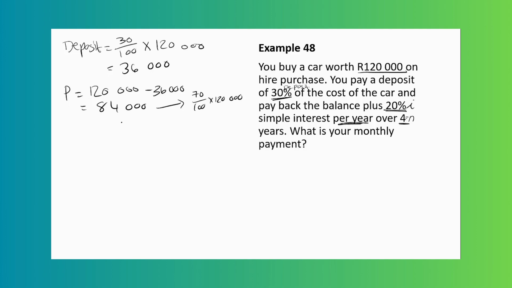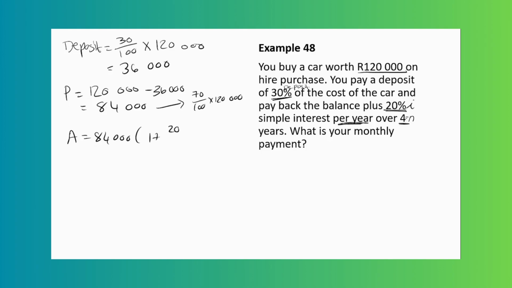It doesn't really matter. Okay, then we know the 84,000 we still need to pay back, but not just the 84,000, because they are doing us a favor, I guess, by letting us buy this car on hire purchase. We are not just paying the 84,000, but we are paying interest on it as well.